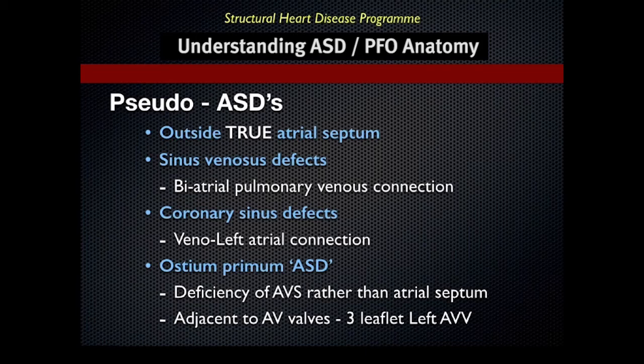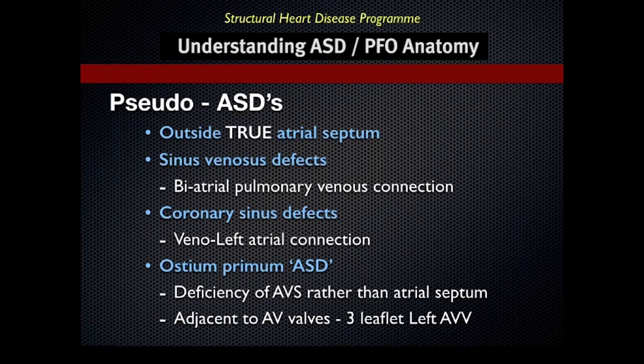Coronary sinus defects are similar in the sense that they are a veno-atrial malformation, and they are a connection between the coronary sinus, or the great cardiac vein, and the left atrium. They're often termed unroofing of the coronary sinus, but strictly speaking, this is an abnormal channel between the coronary sinus and the left atrium.